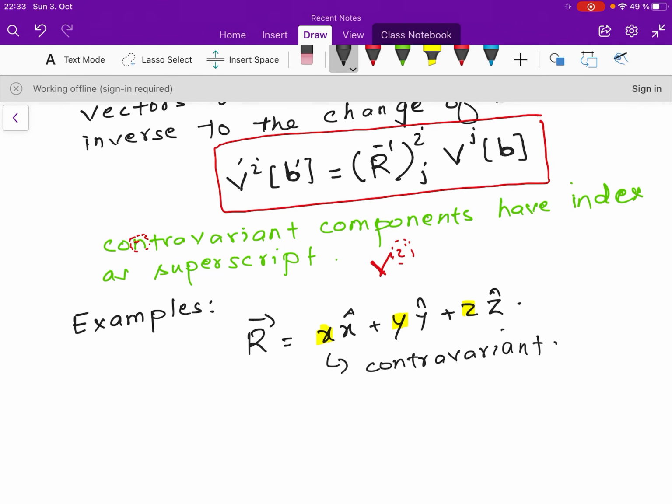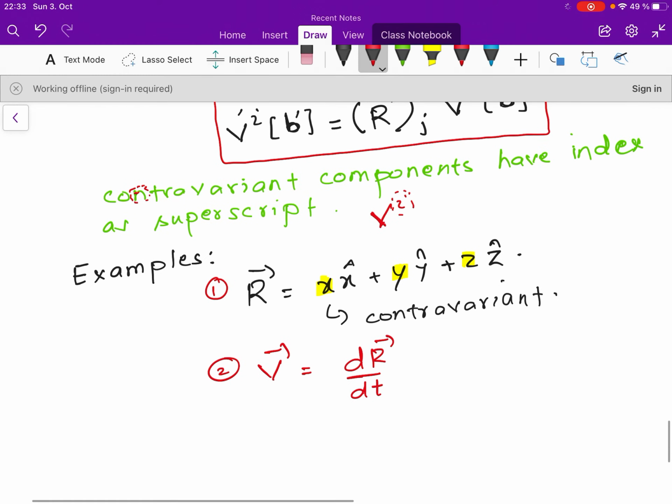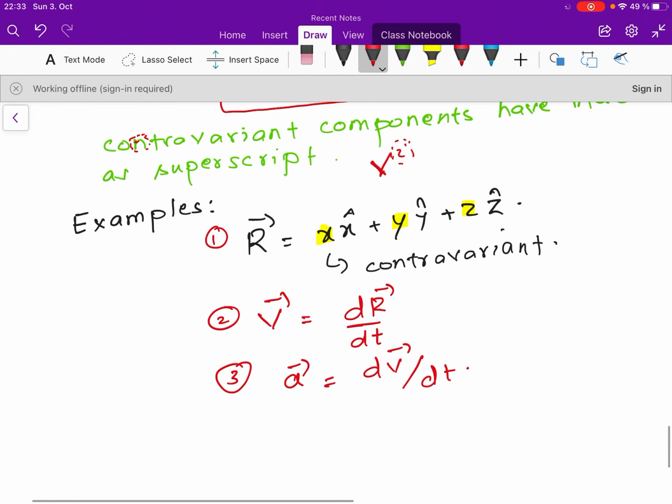So now if we take velocity, velocity is just the derivative of position vector or displacement. So velocity is also contravariant. This is the first example. This is the second example. Similarly, acceleration is the rate of change of velocity. So it is also a contravariant tensor or contravariant vector.